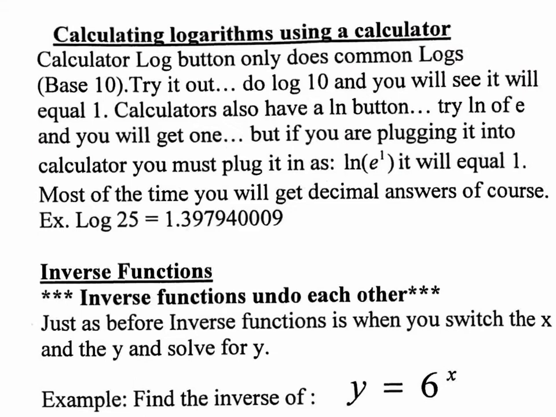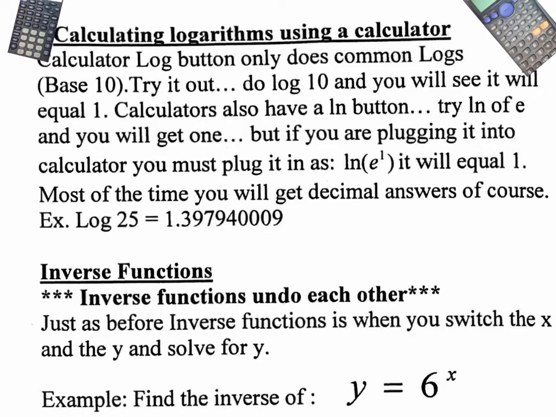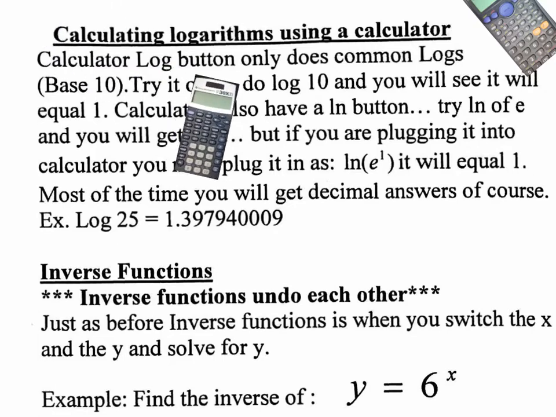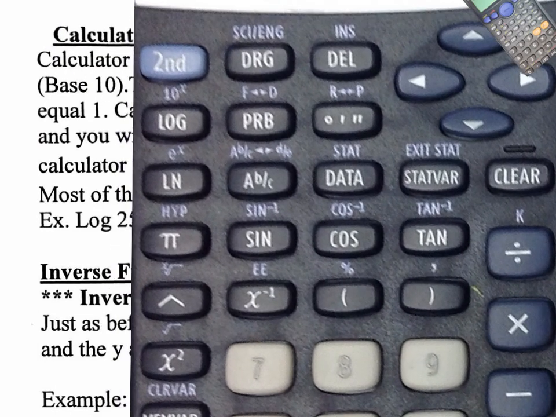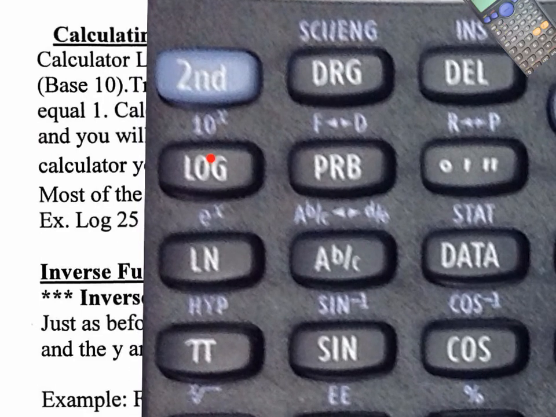Jumping to the top part over here, it says calculating logarithms using a calculator. So on the calculator, you could do logs. There is a log button. Let me show you the log button. It's right here. Right there it says log. So if you hit log, it'll actually pop up on your screen, and you could type in whatever number you want to take the log of.